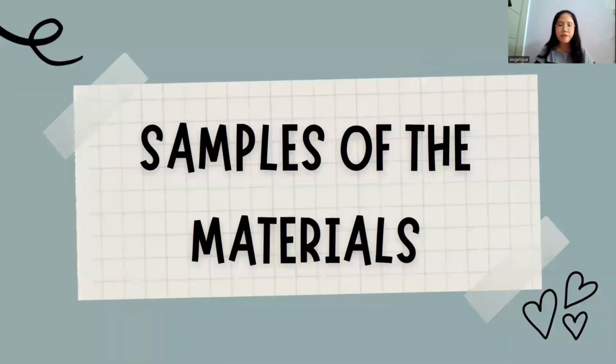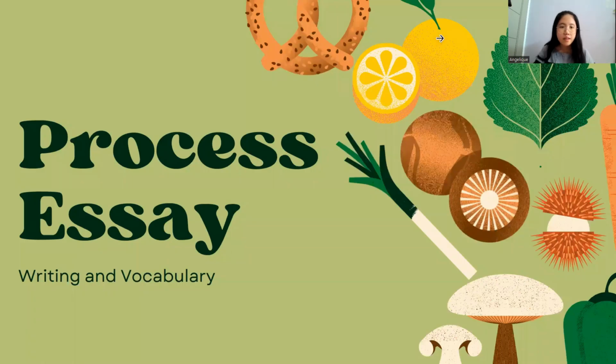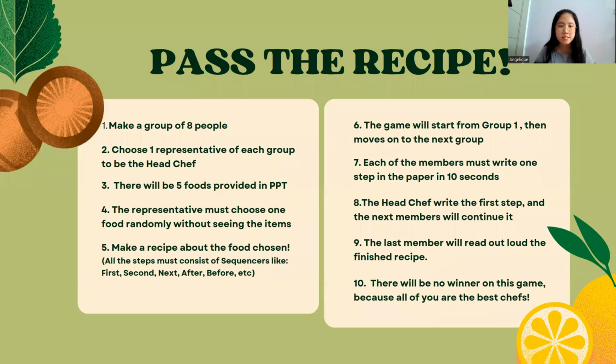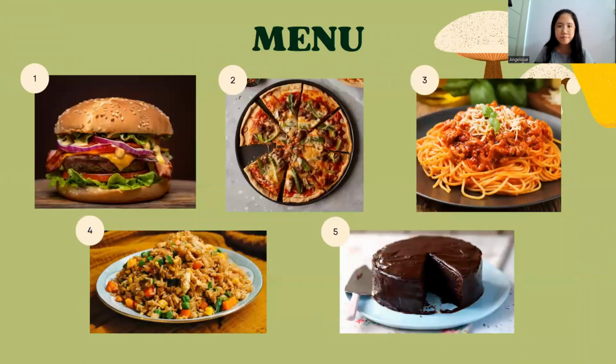Finally, here is the sample of materials. I will use these PowerPoint slides as a visual aid. Well, before starting the session, I always tell them about today's agenda so they have a clear vision of the activities. Well, this is the engage session.